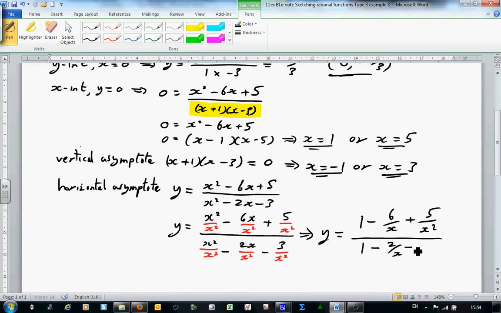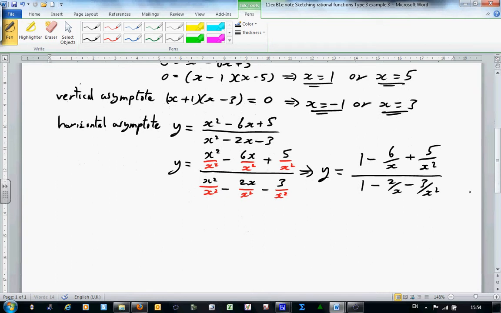So when x gets really big and goes off to infinity, y is going to go towards 1 minus 6 over something really big, which is 0, plus 5 over something really big squared, which is 0, all over 1 minus 0 minus 0 again, which implies that y is going to be equal to 1 for the horizontal asymptote.